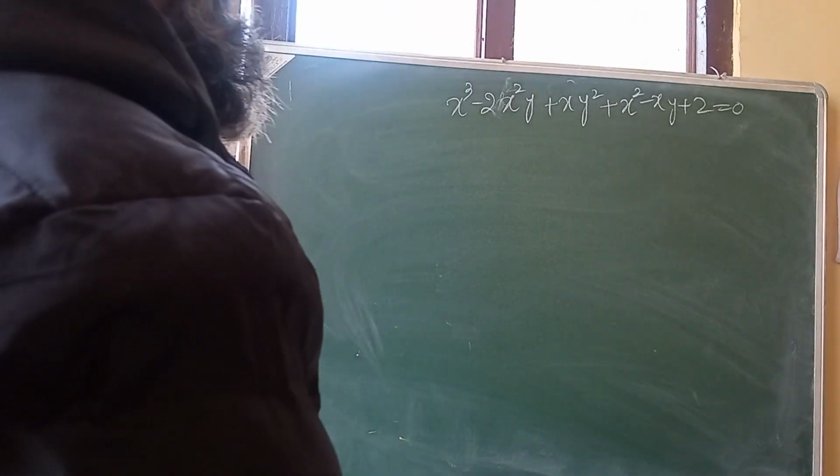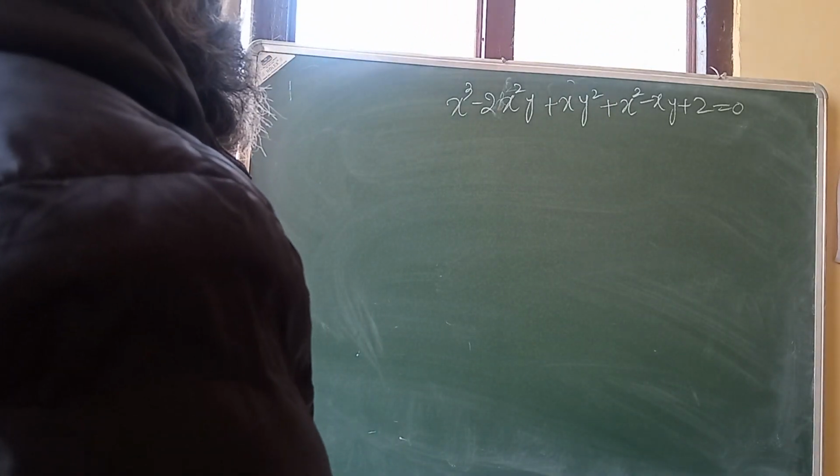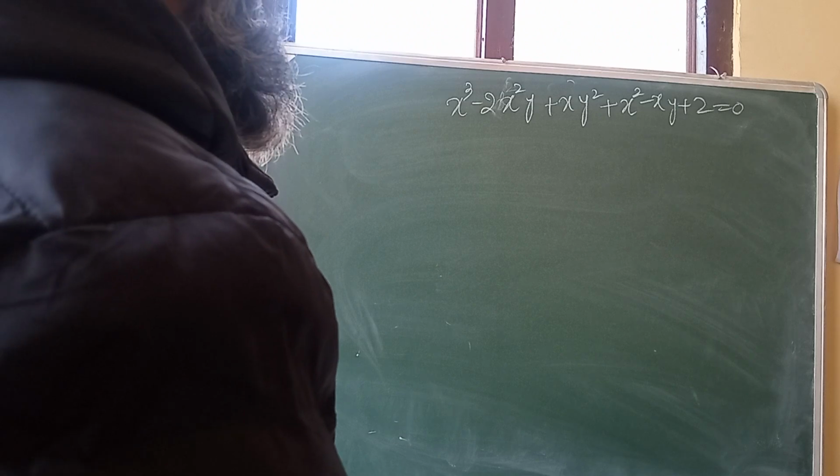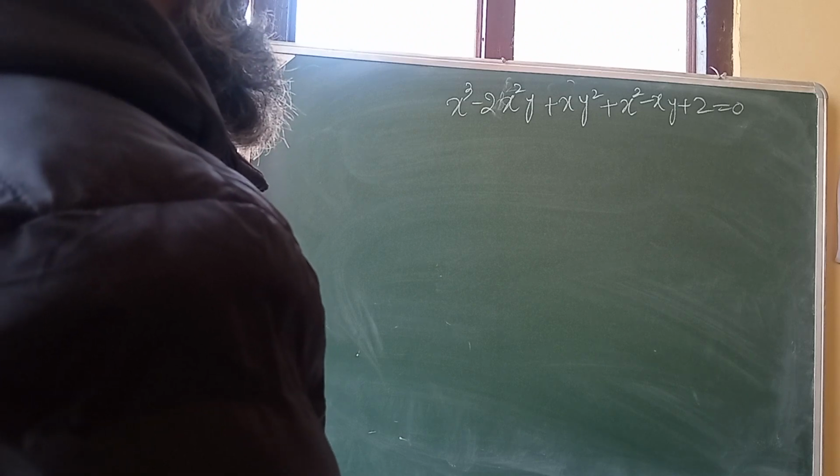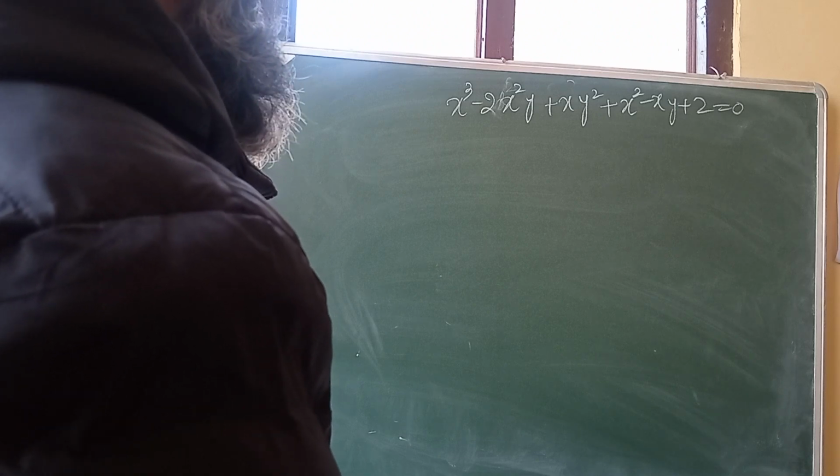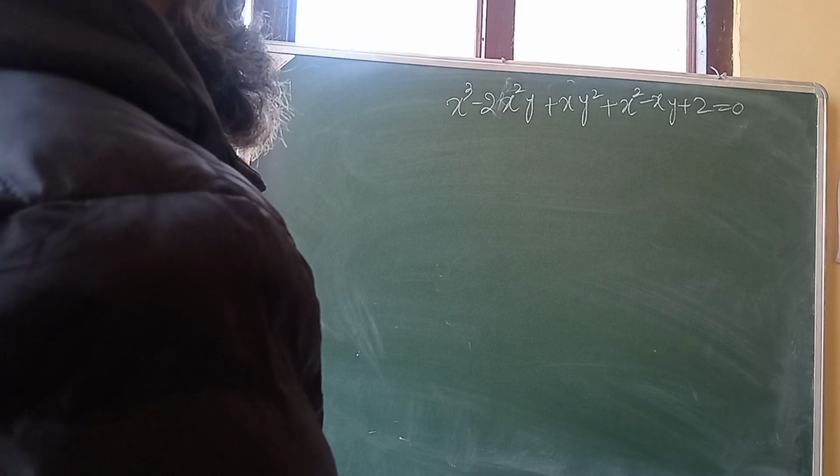That is, x cube minus 2x square y plus xy square plus x cube plus x square minus xy plus 2 equals 0.